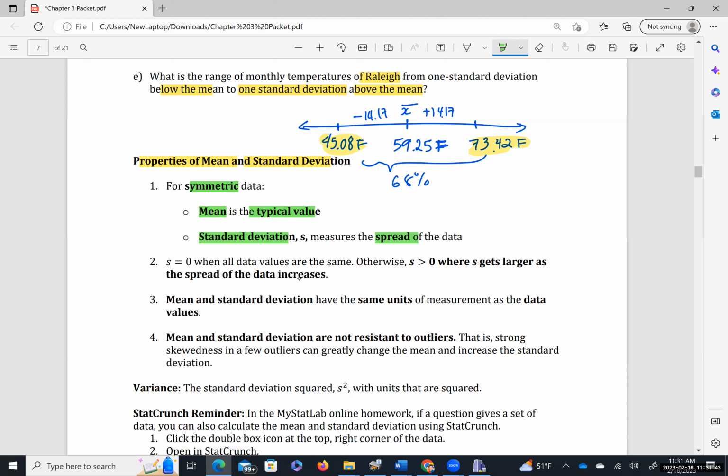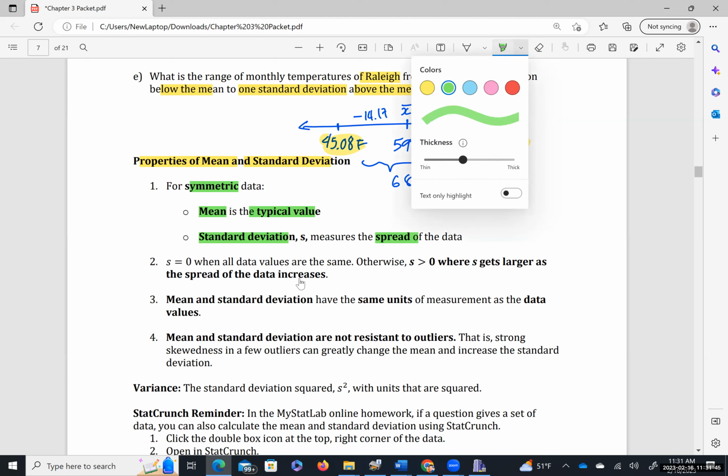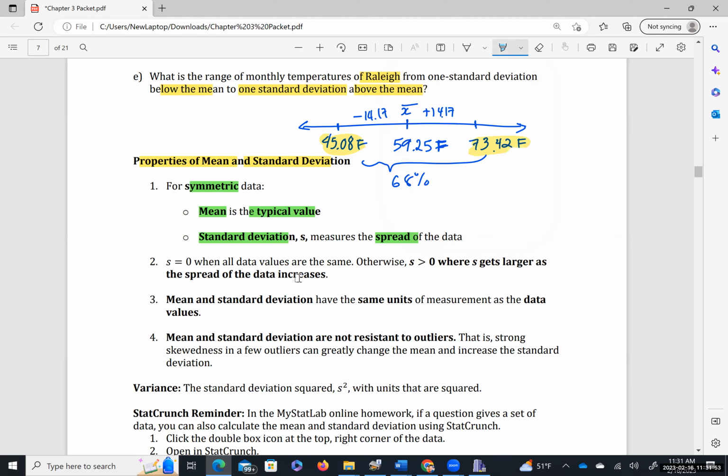S equals 0 when all the data values are the same. Other than that, S is greater than 0, and S is larger as the spread of the data increases.